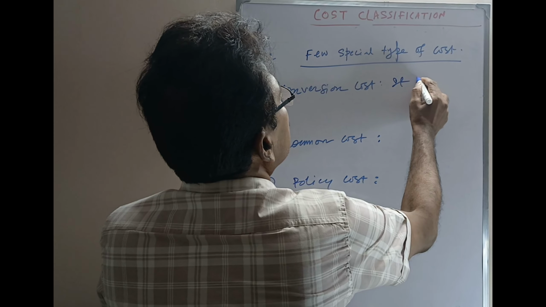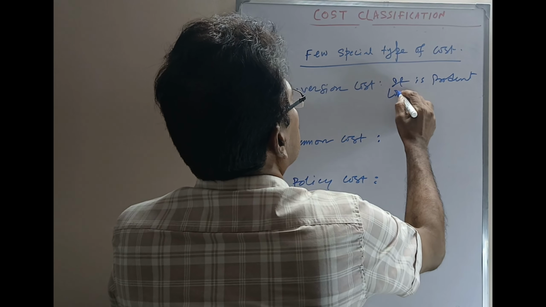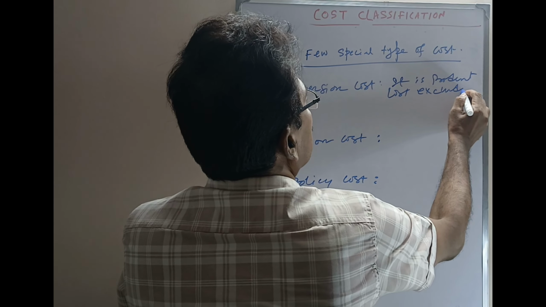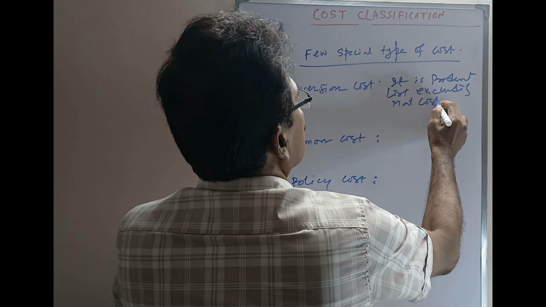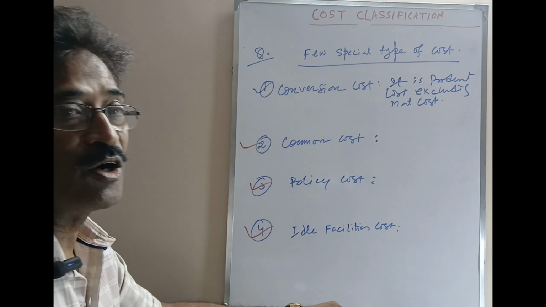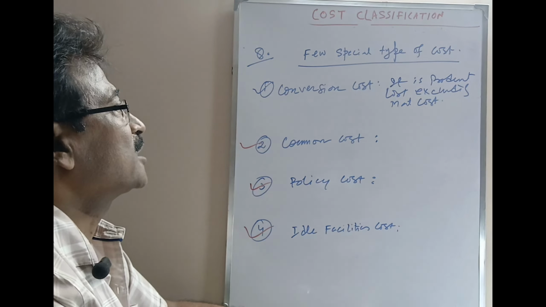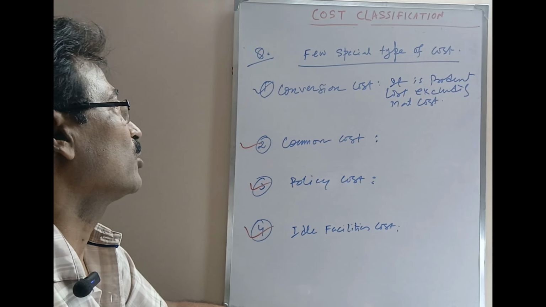It is production cost excluding material cost. Okay. So conversion cost is the production cost, labor, direct expense, etc., but excluding material cost. That is called conversion cost.